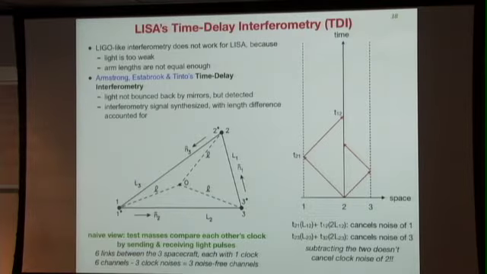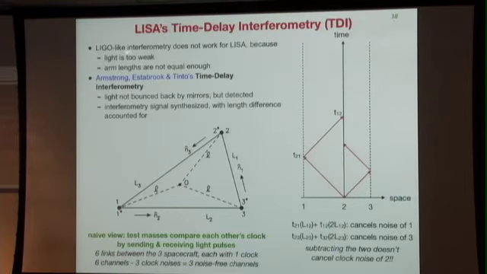So what happens in LISA is that there are no mirrors and interferometer in the usual sense. Lasers are sent between spacecraft, and the light is detected right there, compared with the local laser. And then the interferometer signal is formed synthetically.